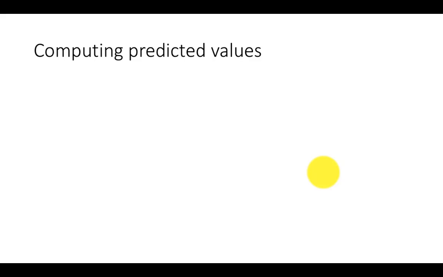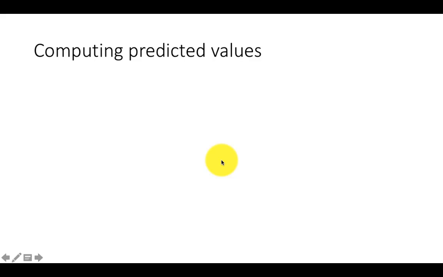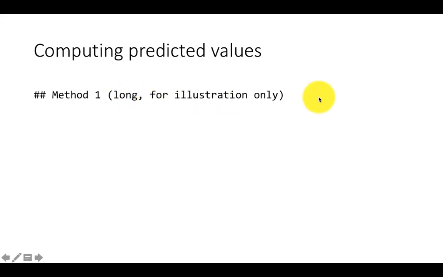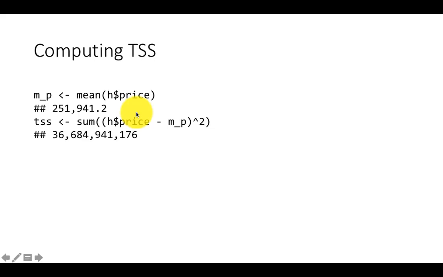So I'm just re-emphasizing the same ideas. Let's see how we can now compute the predicted values. This was just calculating the total sum of squares. Now how do you compute the predicted values? This first method is just for illustration purposes. You don't have to do this. Here I'm finding out the regression coefficients, which are of course in our regression model.